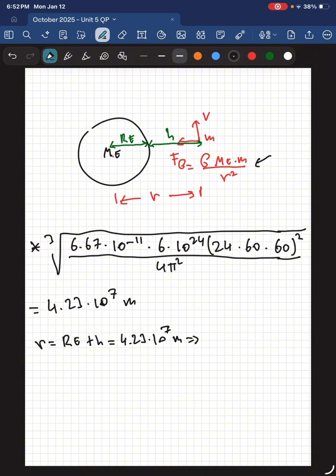And if we solve for h, we have to subtract the radius of the Earth from 4.23 times 10 to the 7, so we find 3.59 times 10 to the 7 meters, and that's our answer. Okay.